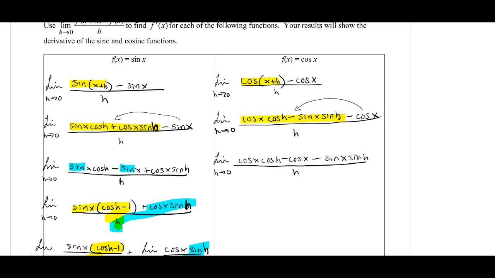I can factor that common cosine x out. Limit as h approaches 0 of cosine x times cosine h minus 1 minus sine x sine h all over h.